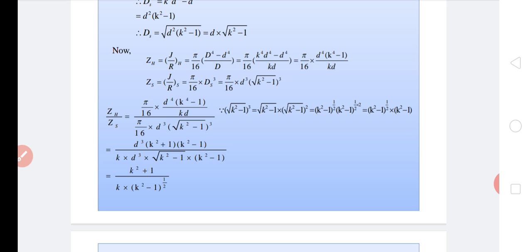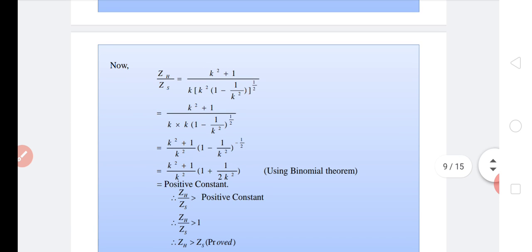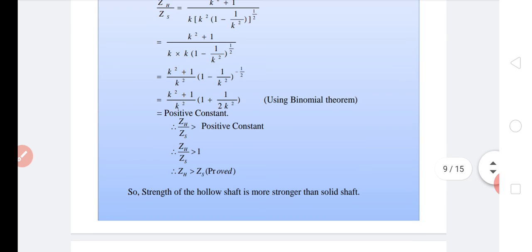So from this equation, after simplification, we get k square plus 1 upon k square into 1 plus 1 by 2k square. This is using the binomial theorem.